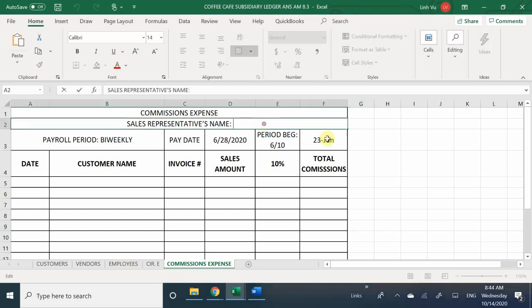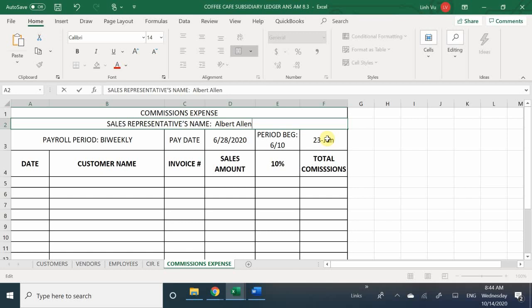So we're going to help him keep track of all of his sales, and we're also going to calculate for him how much commissions we actually are supposed to give him.